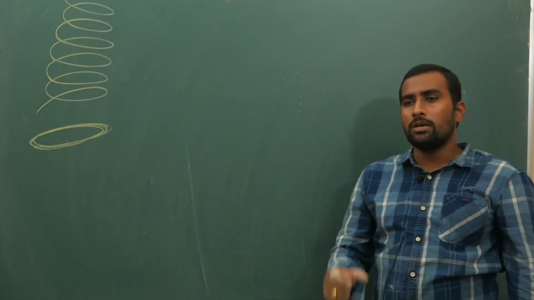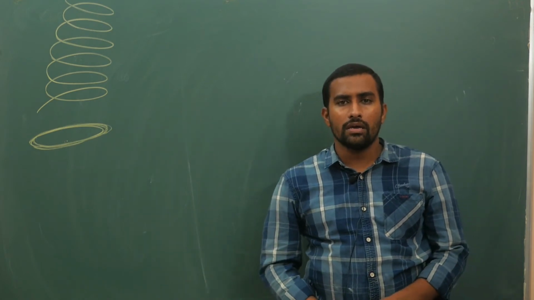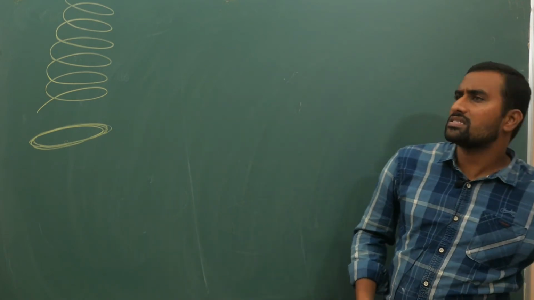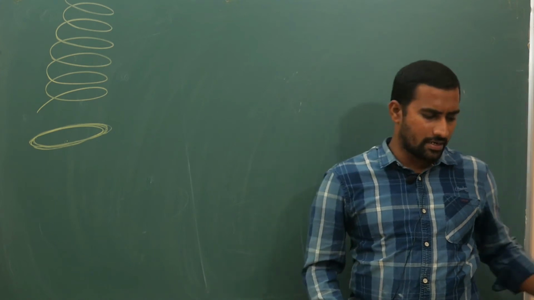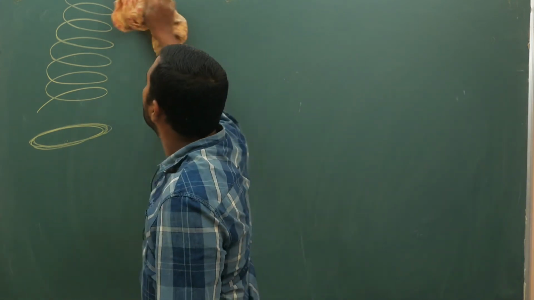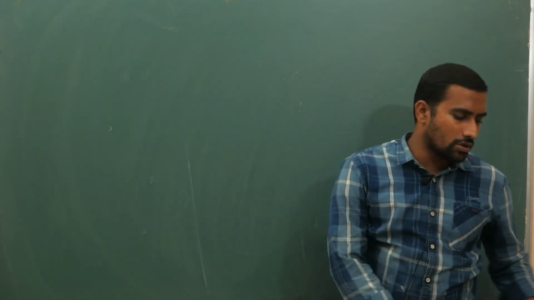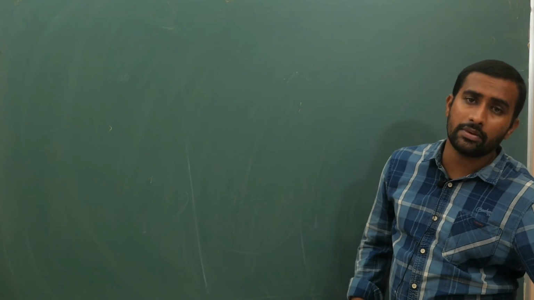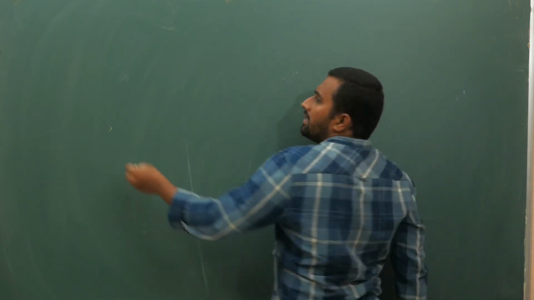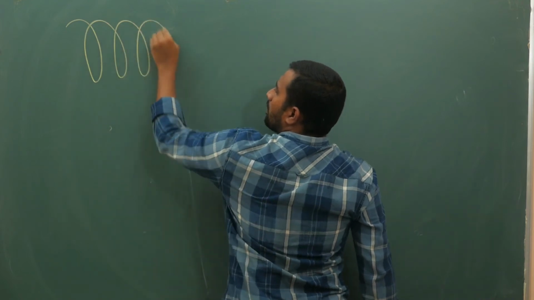Normally you take spiral books, so that spiral is only your helical path, which is nothing but your solenoid indirectly. It is also an inductor, which we will see later. But here, a solenoid is diagrammatically represented like this. This is your solenoid.